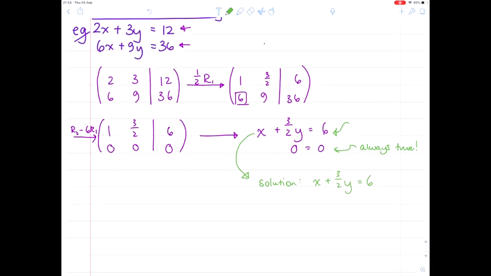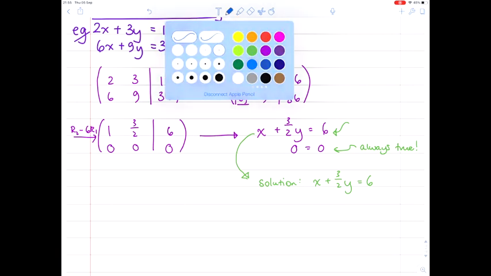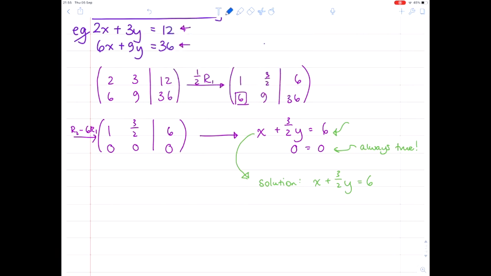But we actually learnt a different way of writing this. We said, well, the point about having just this equation for our solution set means that for every single y that you pick, you can find an x that makes this equation true.